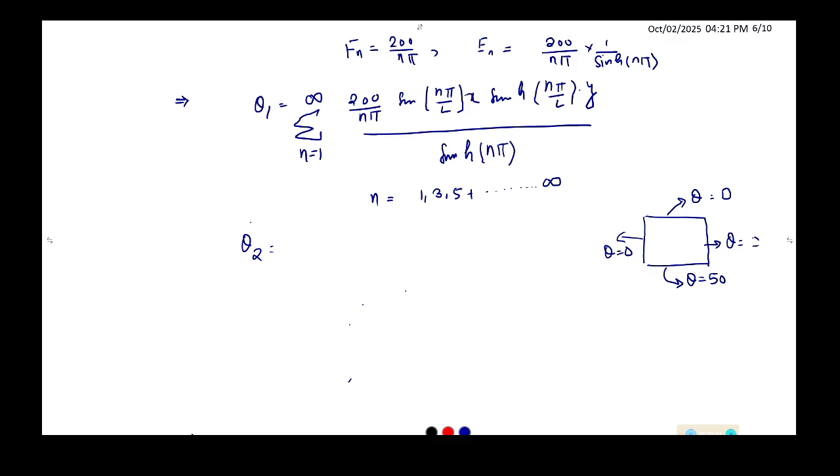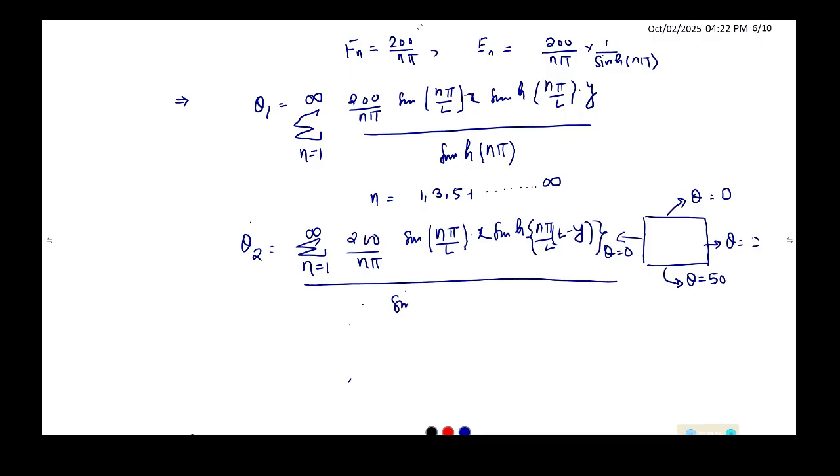we get theta 1 as the solution, which will be given by the summation of n equals 1 to infinity of 200 upon n pi, times sine of n pi upon L into x, sine hyperbolic n pi upon L minus y, divided by sine hyperbolic of n pi.